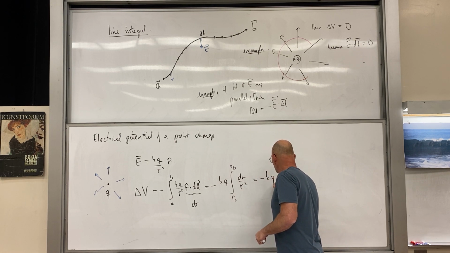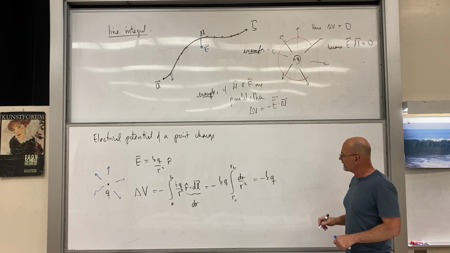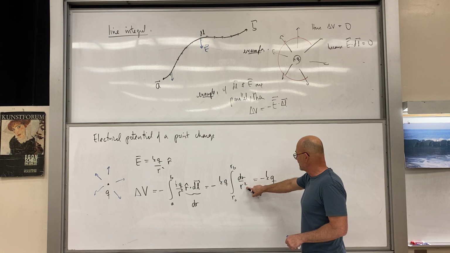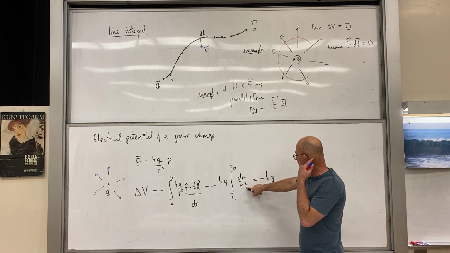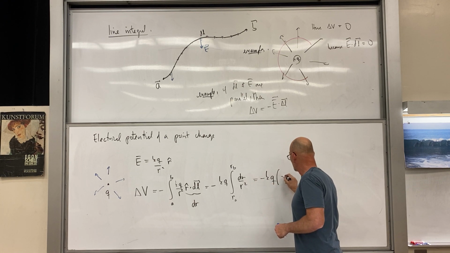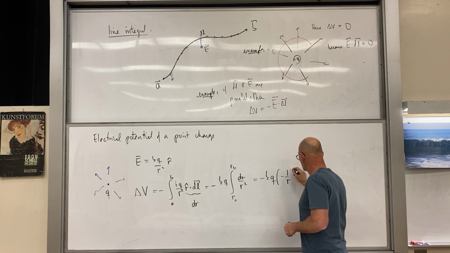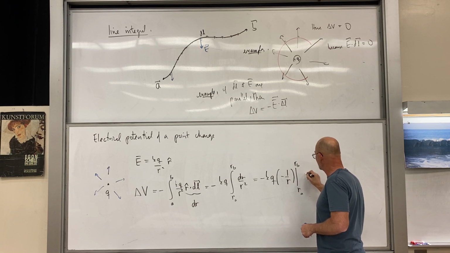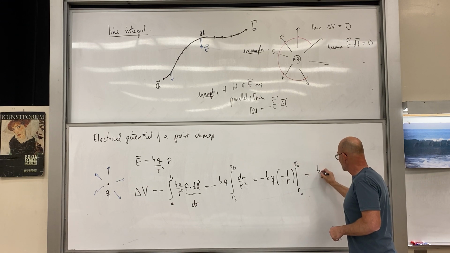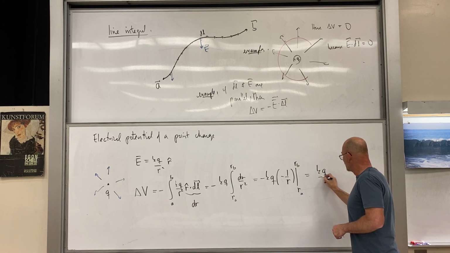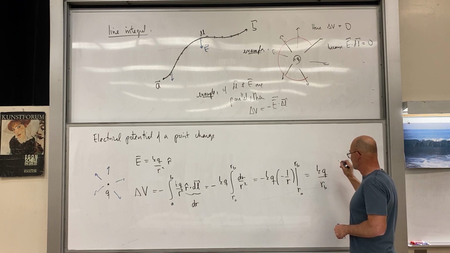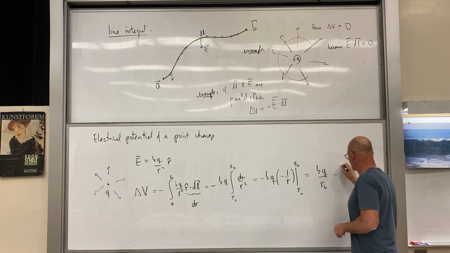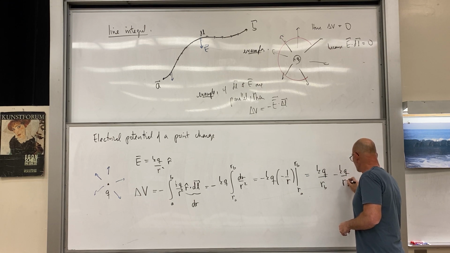That gives minus KQ times minus 1 over r, from r sub a to r sub b, which equals KQ over r sub b minus KQ over r sub a.